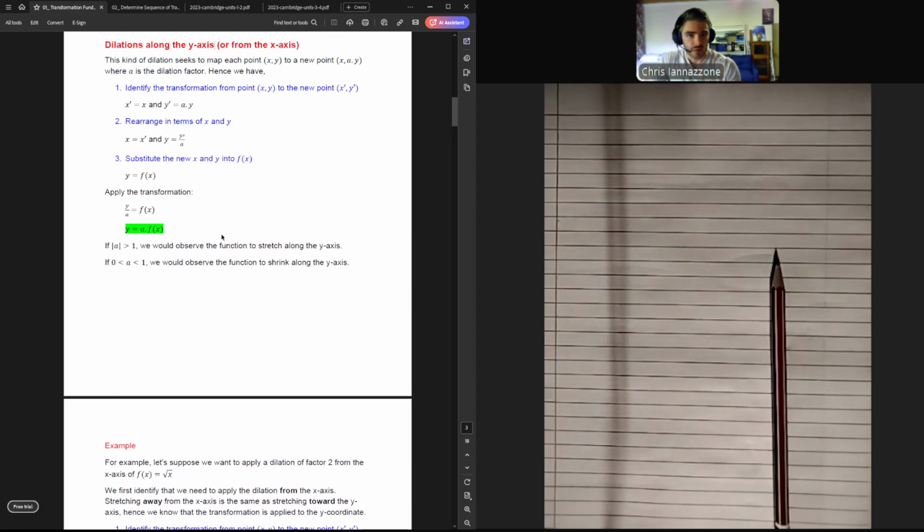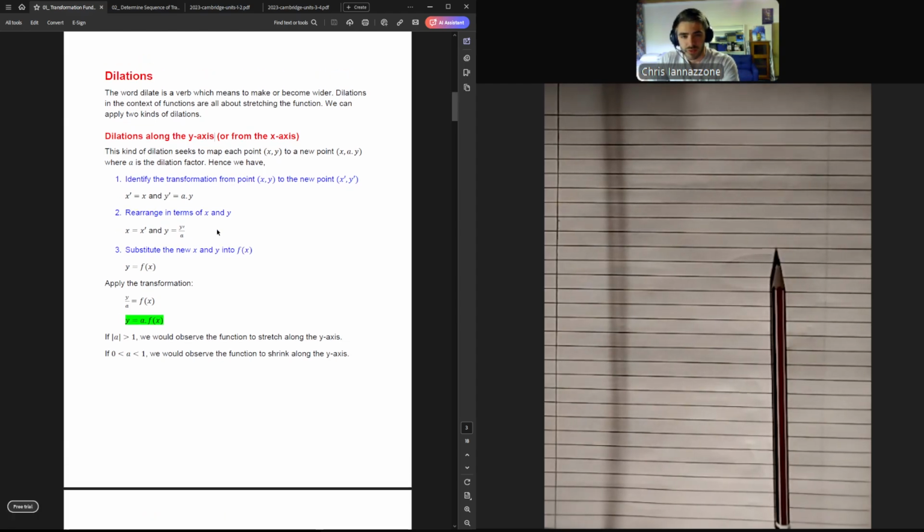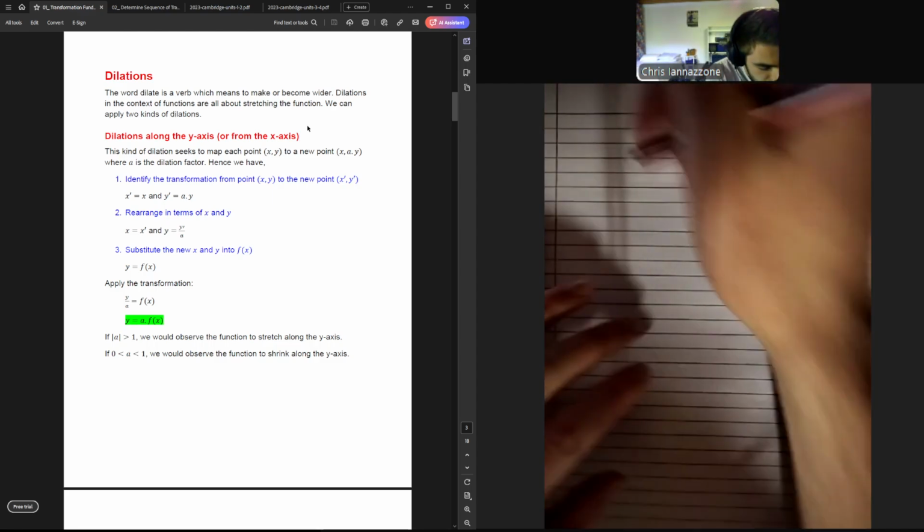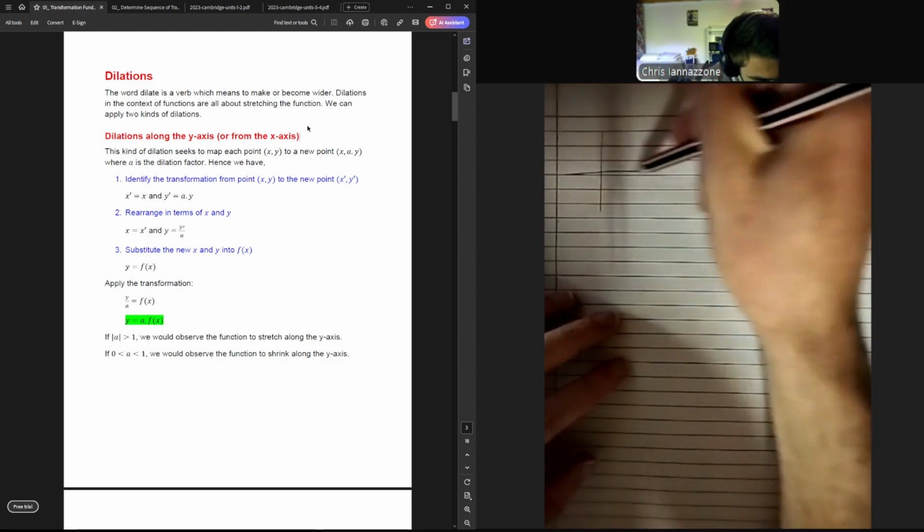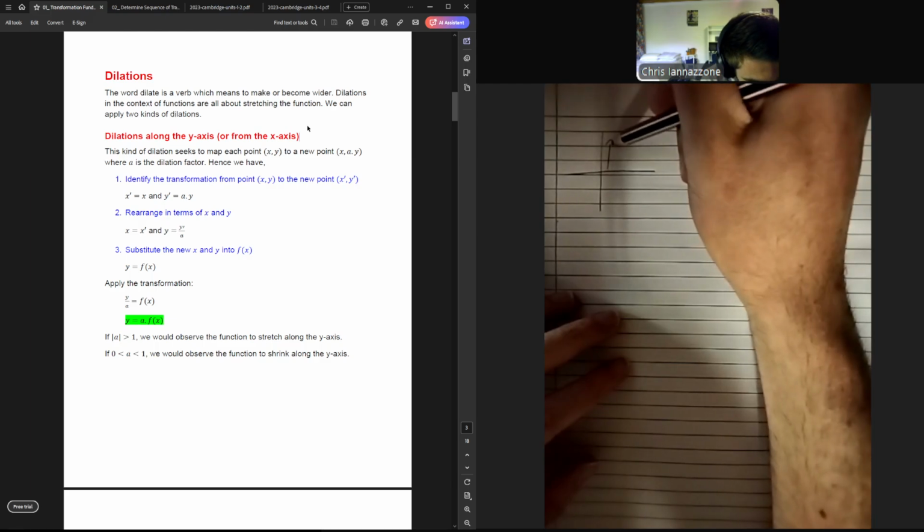Either vertically or horizontally. Now you'll find the book will use different terminology. Both of these are accurate. Saying that you're stretching along the y-axis means that your function is running along the y-axis. It's running vertically. From the x-axis is actually the same direction. So if I quickly draw an axis, there's two ways I could represent a stretch that looks like that.